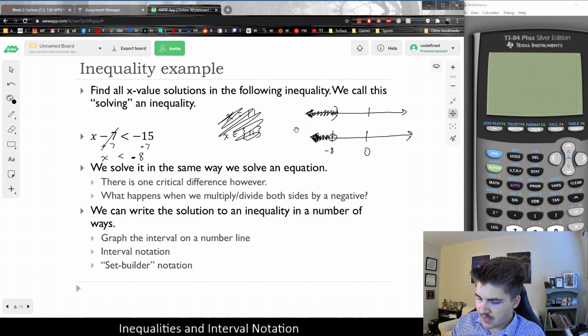And how we'd write this answer using interval notation would be parenthesis, -infinity, comma, -8, parenthesis. And basically how interval notation works, I'm assuming a lot of you guys have seen this and remember it, but I'm just going over the basic details because we're going to be using it fairly often, and it's worth recapping.